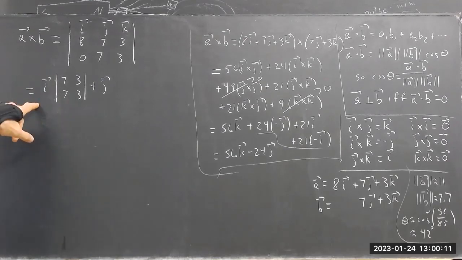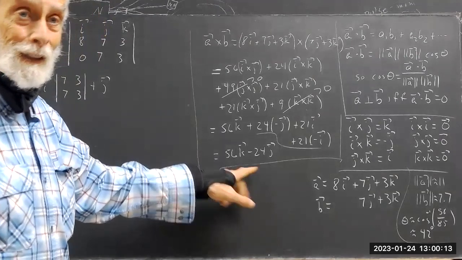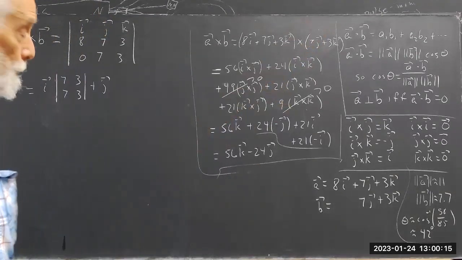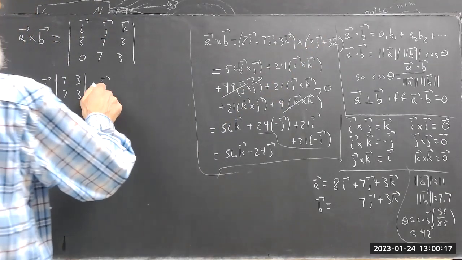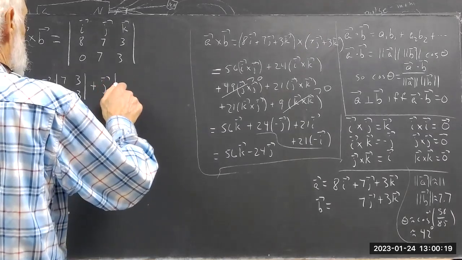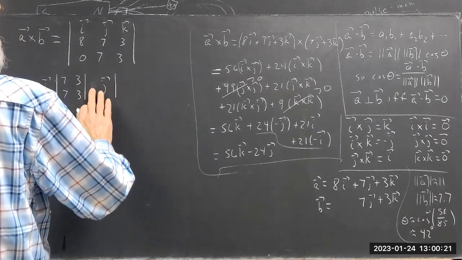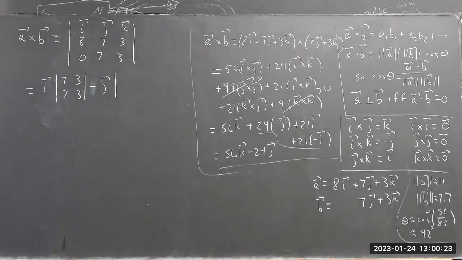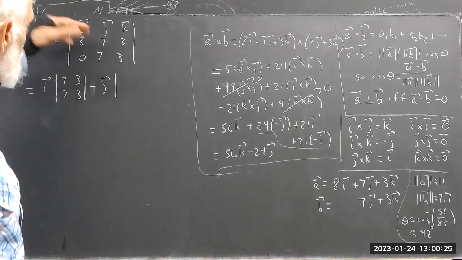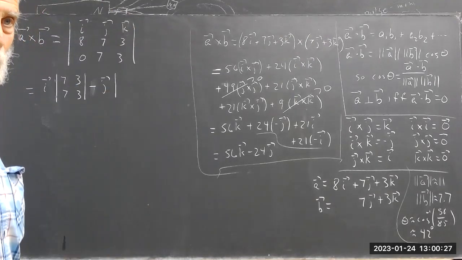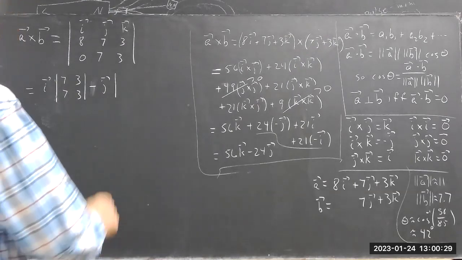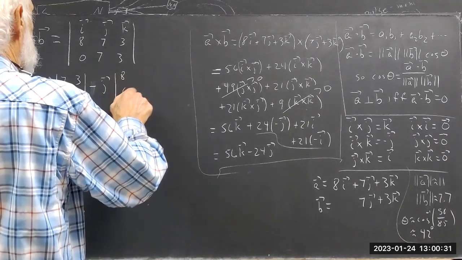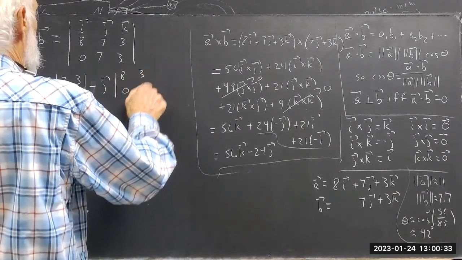So you don't have an I component, which we already found and we already even kind of explained. Okay. And then you got J times the determinant. Well, it's actually going to be minus J times the determinant of the minor you get when you eliminate the first row and second column. And that's going to be 8 and 3.